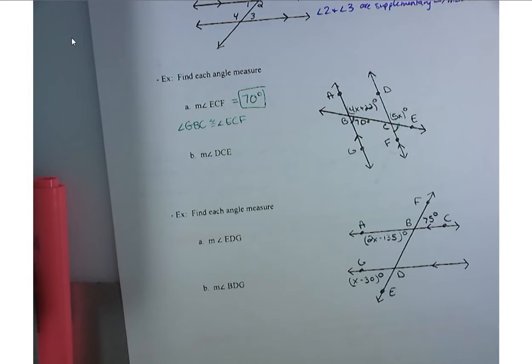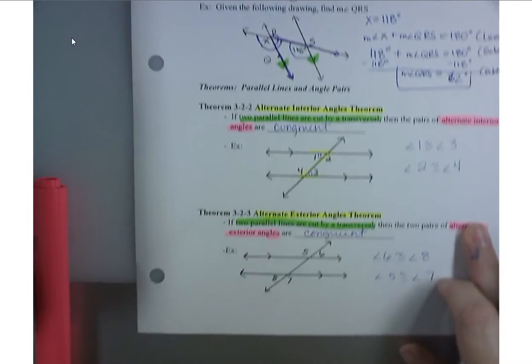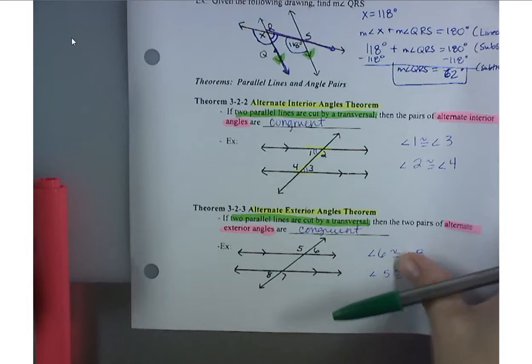So how do you know they're congruent? What's their relationship? How did you know they were congruent then? I don't know what this one's called. Okay, well let's use our first page then. So they're either going to be corresponding, alternate interior, or alternate exterior.